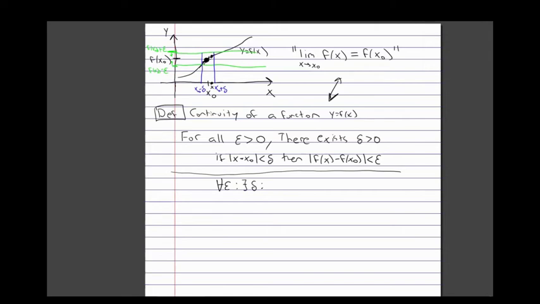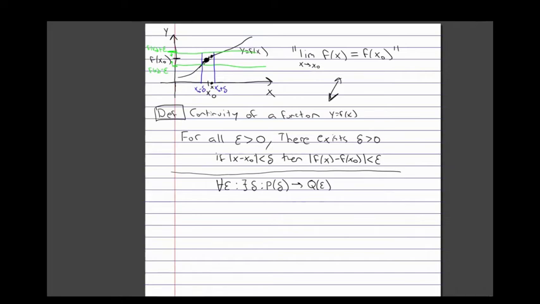It also in some sense depends on x and x naught, just like before. You can generalize these ideas, but we're just going to put P. You have the implication P of delta implies Q of epsilon.